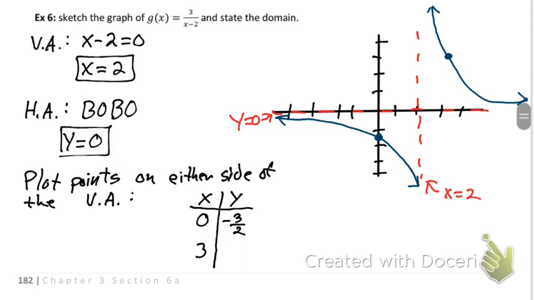So I guess we could put that right next to it. Our domain would be all reals except 2. And our range would be all reals except 0.